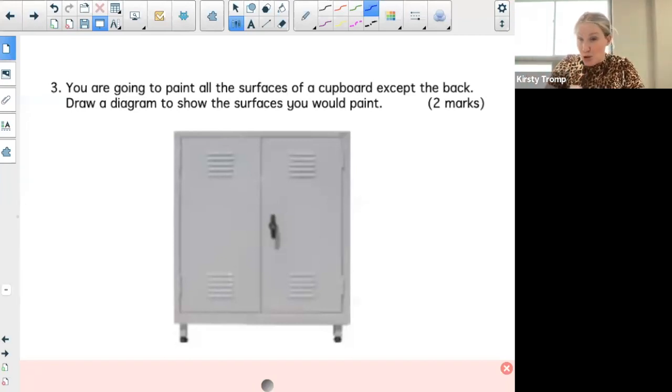You've got 2 minutes. Go try that one. Okay, draw a diagram to show the surfaces that you would paint. You have 2 minutes.